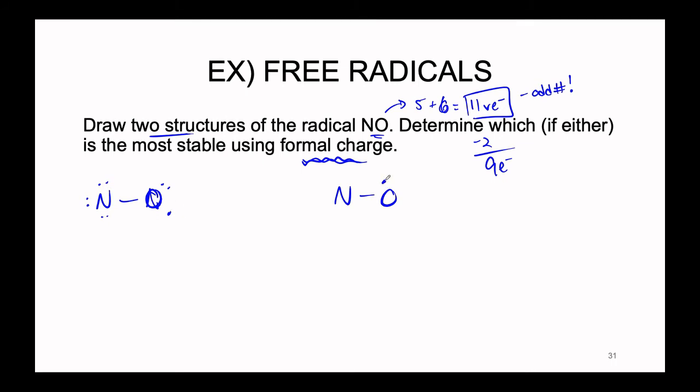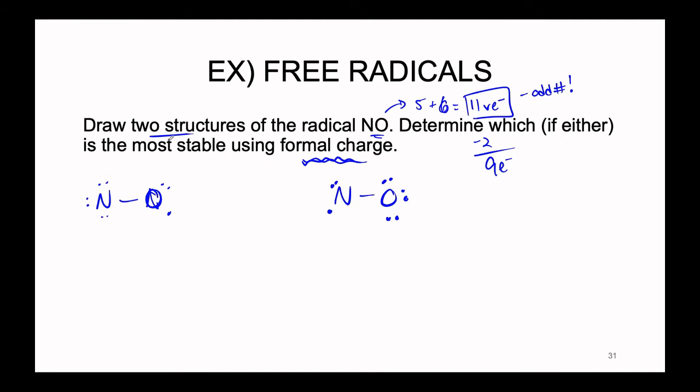Or in the right-hand case, 2, 4, 6, 8, 9, and it's nitrogen that's left with an unpaired electron. So there are 2 different options here, and we can build off of either of these options, and that's perfectly valid for now.